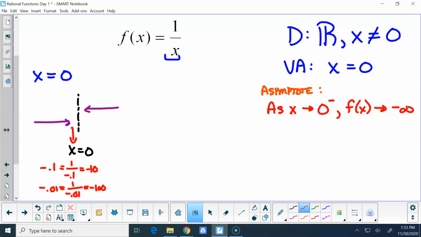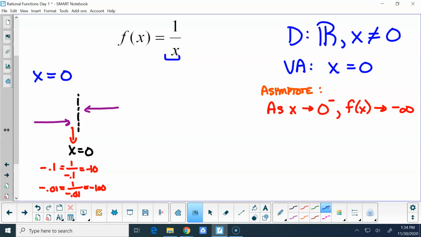Now, that negative sign there is extremely important because it tells you which side of the asymptote that you're on. So we read it as x approaches 0 from the left, f of x approaches negative infinity.